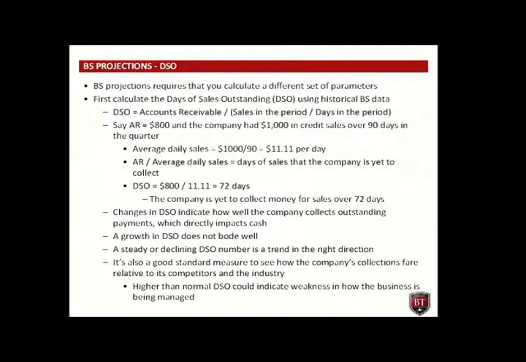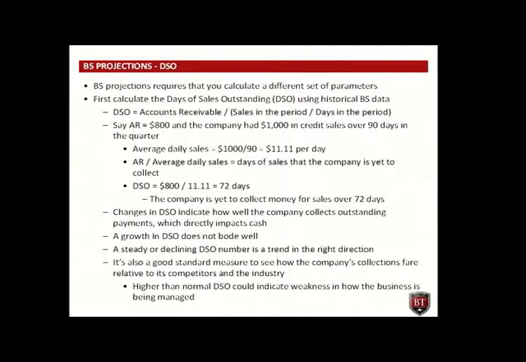And that typically isn't an indication of management strength. Management needs to push for a quicker turnaround on payments. So back to days of sales outstanding, or DSO.